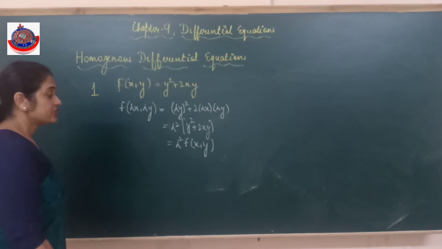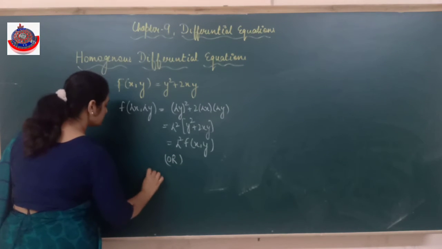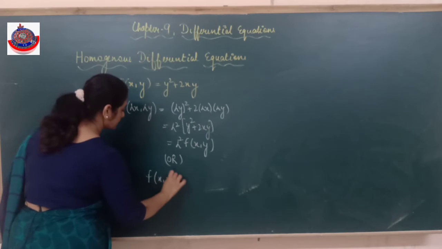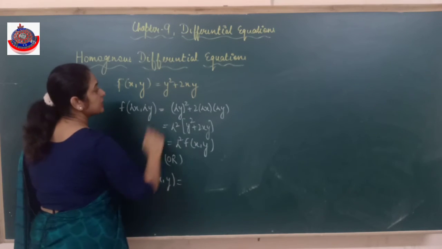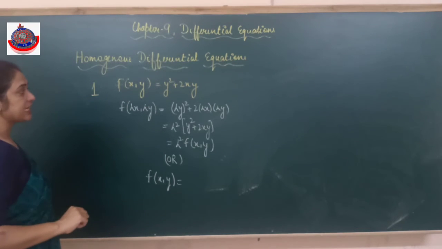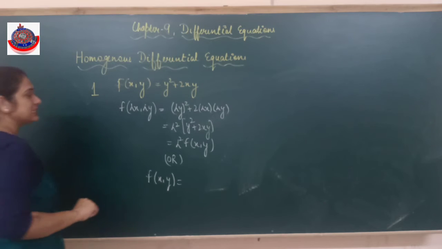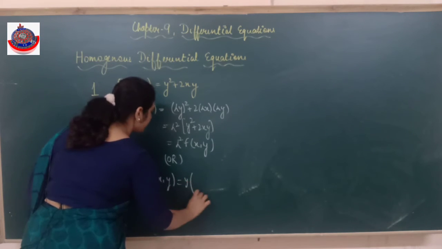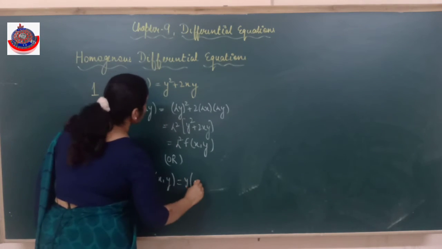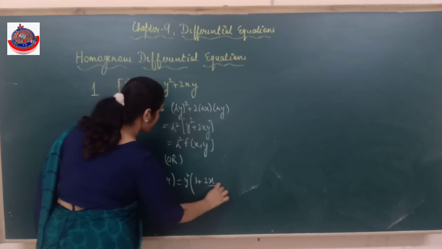Is it clear? Or the second way of solving it, what did we say? From here, what can I take common? I can take x common. Basically in this, y square comes common, so it becomes 1 upon 2x upon y.